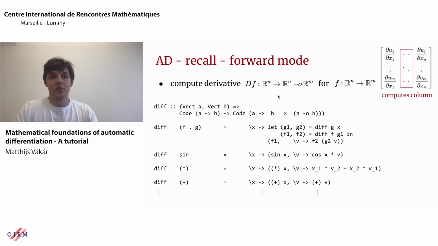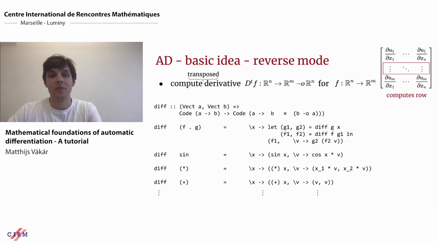Okay, so the starting point is again our forward mode algorithm. And we saw that our forward mode algorithm calculated the derivative of a function f from Rn to Rm as a function that takes a primal value of type Rn and it returns a linear function from Rn to Rm, right? And now what reverse mode AD will do is it won't calculate the derivative, but it will calculate the transpose derivative.